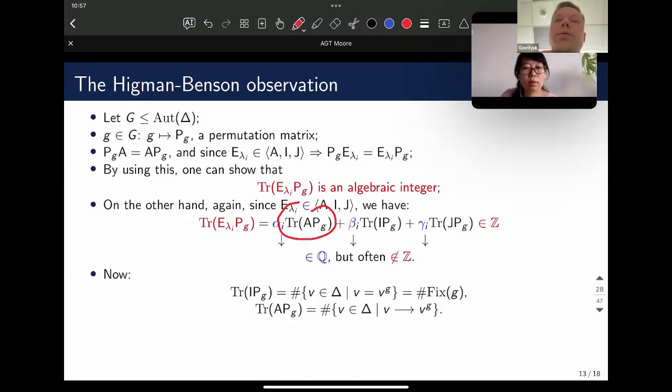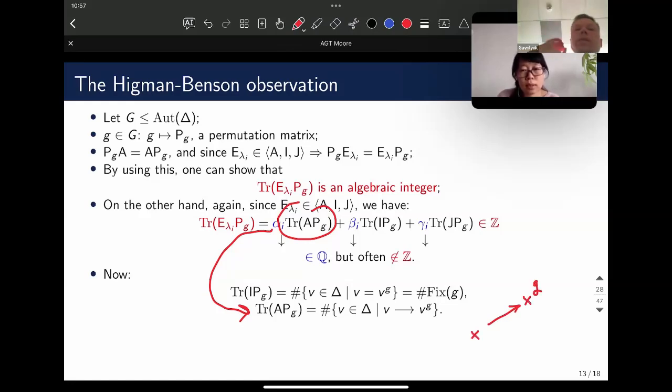This is the number of vertices V of delta such that there is an arc from V to the image of V under this automorphism G. So this term counts the number of arcs like this in the graph.